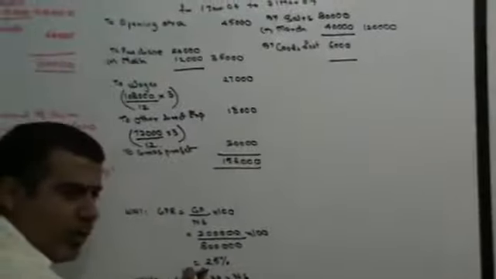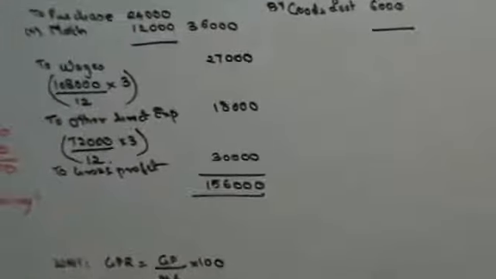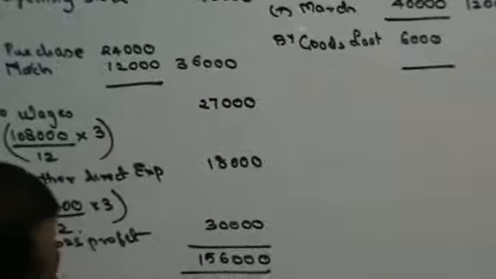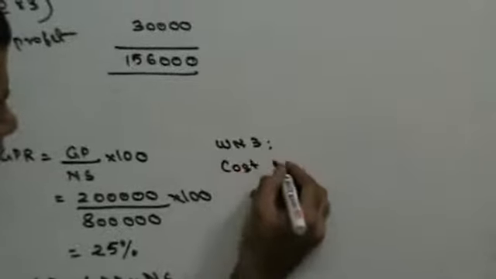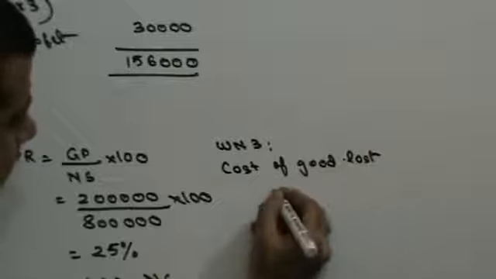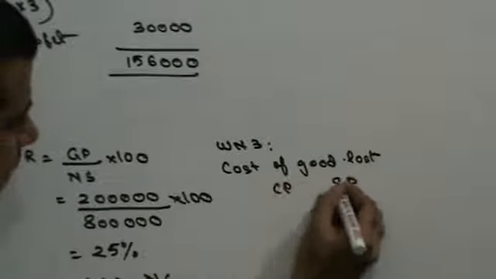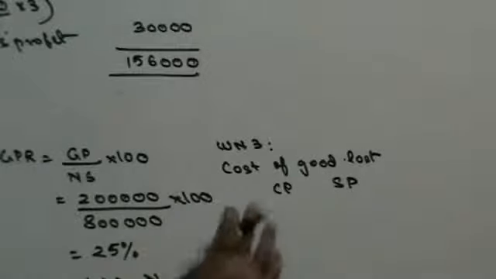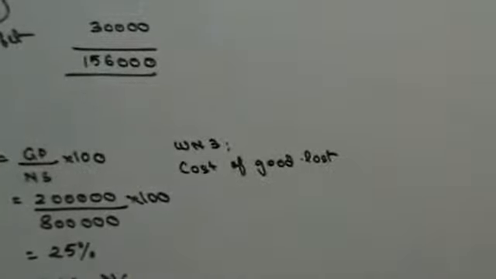1,56,000. Now, you also know the gross profit ratio. So let's find out what is the cost of the goods lost. Working note 3. You will have cost of goods lost. Cost price, selling price. Right? Now they are saying that my profit is 75%. Sorry, my profit is 25%.